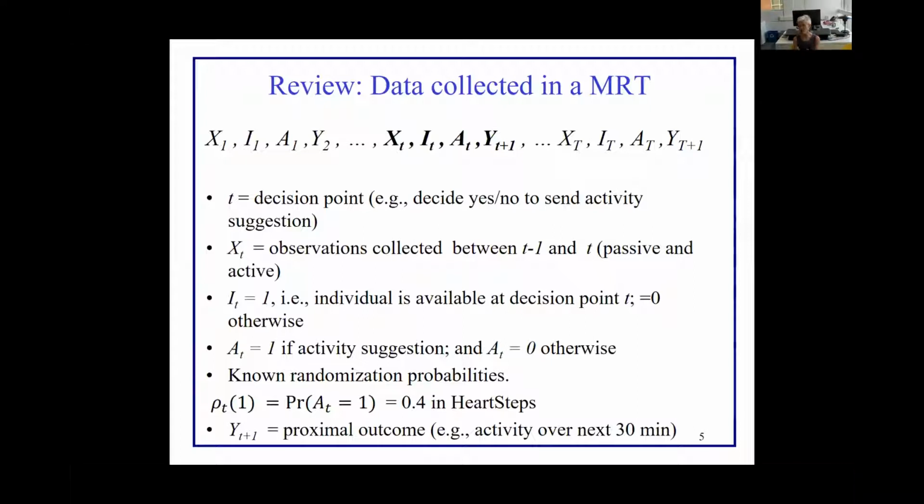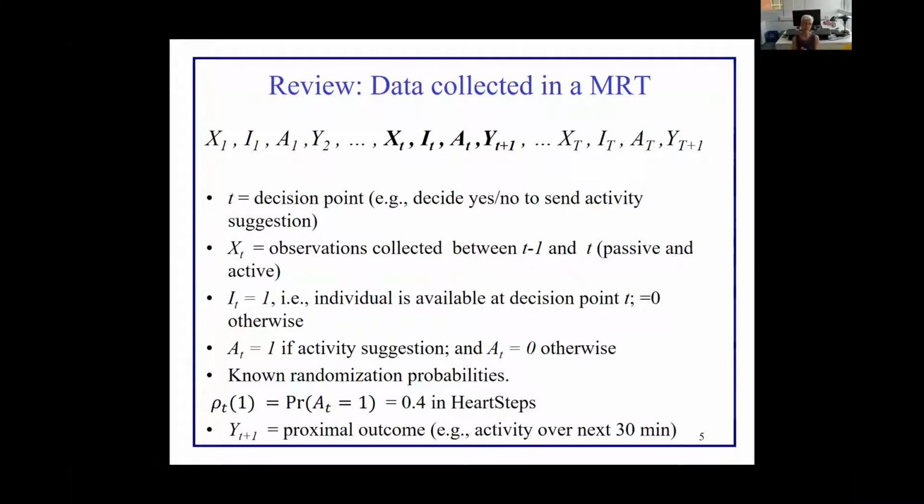And in all micro-randomized studies, they're randomized with probabilities that we know about. And in HeartSteps, when we were first designing HeartSteps, we thought, well, there's 5 times a day. We wanted about an average of twice per day that we would provide a suggestion, so we used a randomization probability of 0.4.